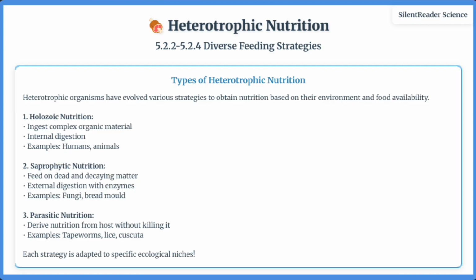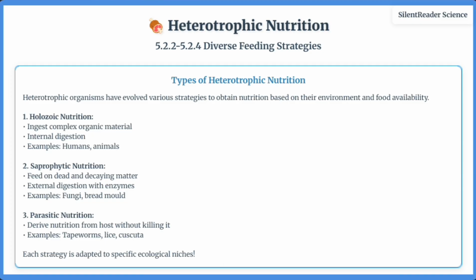Heterotrophic nutrition shows incredible diversity in how organisms obtain food. We have holozoic nutrition where organisms ingest complex organic material and digest it internally, like humans and most animals. Saprophytic nutrition where organisms feed on dead and decaying matter, secreting enzymes for external digestion before absorption, like fungi and bread mold.